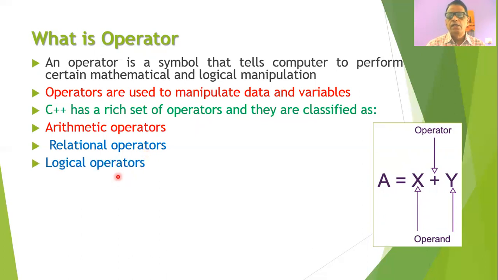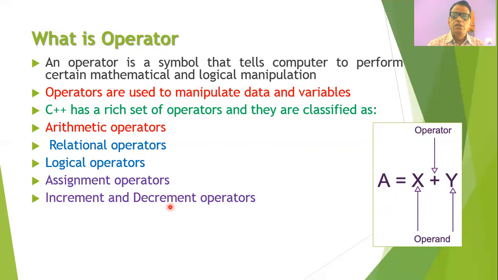It is possible that in C++ we can perform logical operations as well. There are certain operators that are used to perform logical operations, and those operators are called logical operators. There are different types of assignment operators available in C++. Normally, assignment is done using only a single assignment operator, but in C++, you will find a variety of assignment operators available.